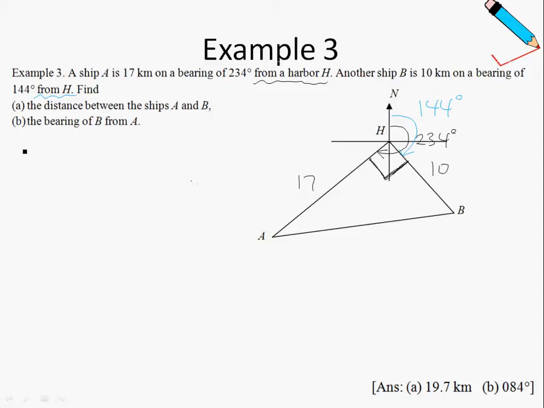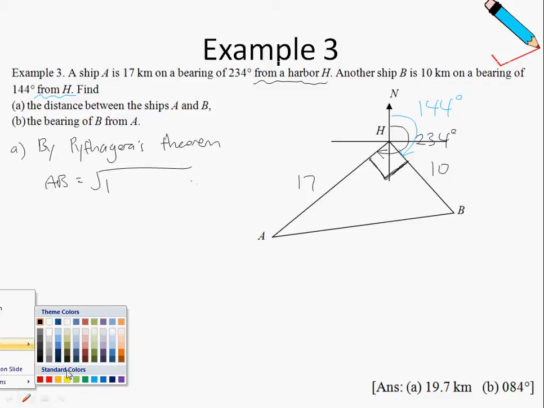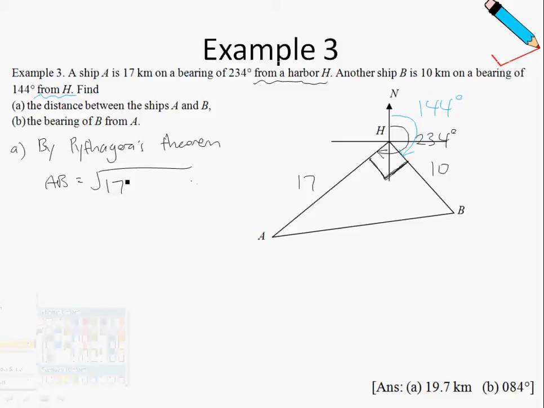First part of the question, part A: find the distance between ships A and B. So we're looking for distance AB. By Pythagoras theorem, AB is simply the square root of 17 squared plus 10 squared.